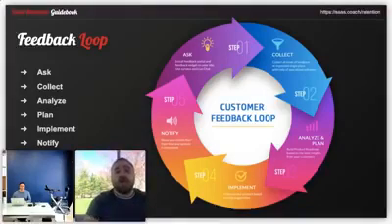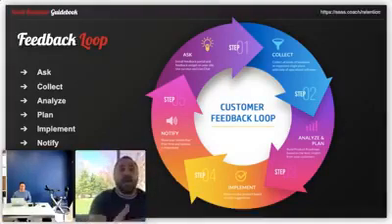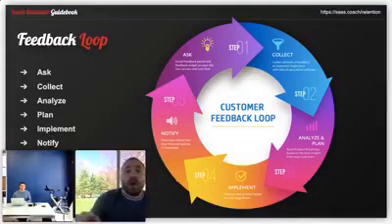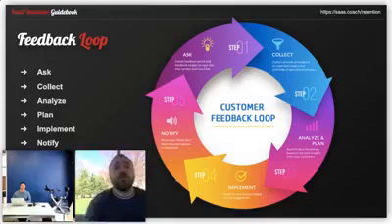What I think is interesting here that we didn't talk too much about in the past is the notify and ask. One thing that's important is making sure you're communicating the changes that you've made to your software, and then continuing that process of asking again and going through the cycle. Yeah, that's a good point, the notify and ask.